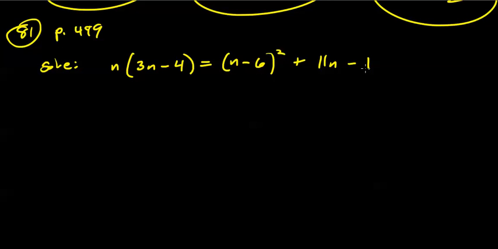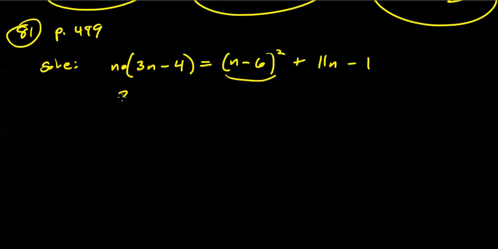Alright, again I've got some manipulations, some operations to perform before I can free up my like terms to combine in order to get things in standard form. On the left hand side I've got to perform this product. I've also got to square n minus 6, and once I free up those parentheses I can then put like terms together and get things in standard form.